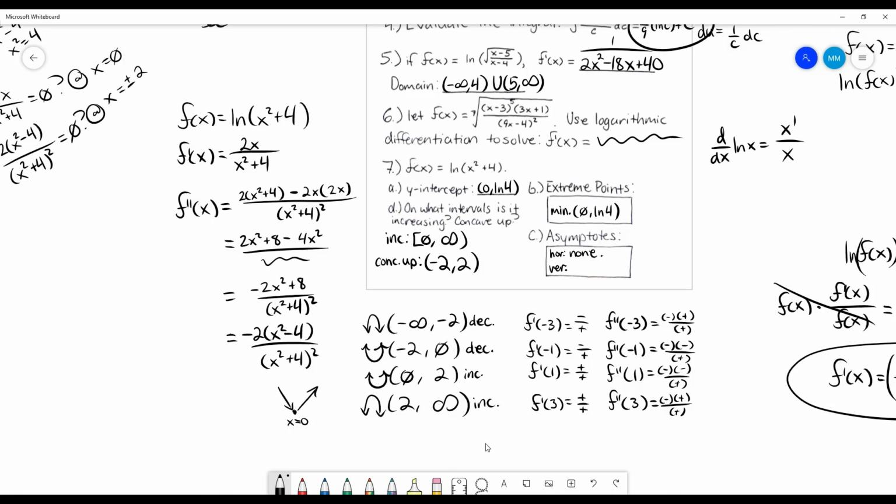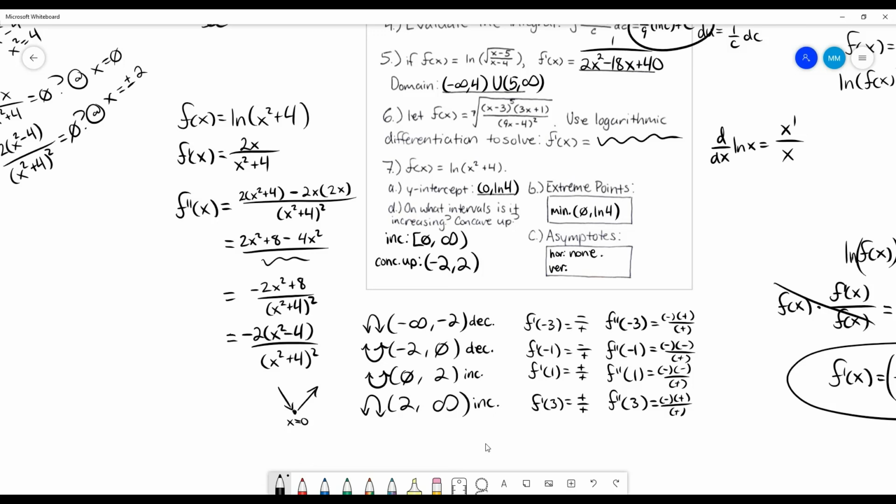In terms of vertical asymptotes, again, we know that the interior of our natural log can never equal 0.